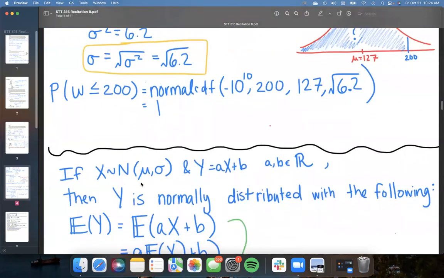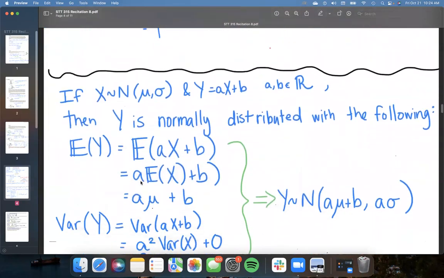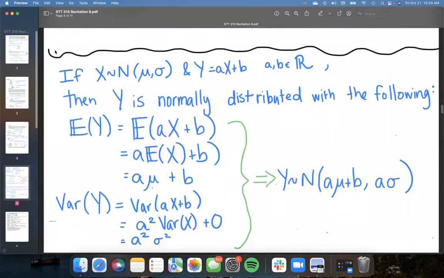But anyway, moving on to the next part, something to keep in mind. If X follows a normal distribution with mean 0 and standard deviation sigma, and Y equals A times X plus B, where A and B are real numbers, then Y is also normally distributed with the following. The expectation of Y equals the expectation of AX plus B, because that's what we're given.